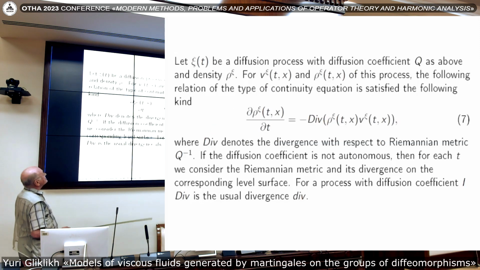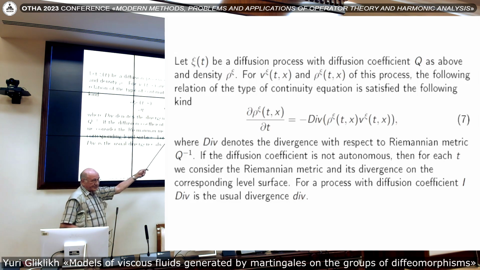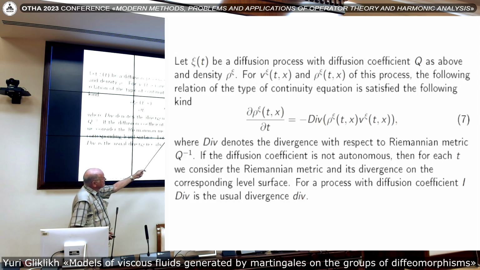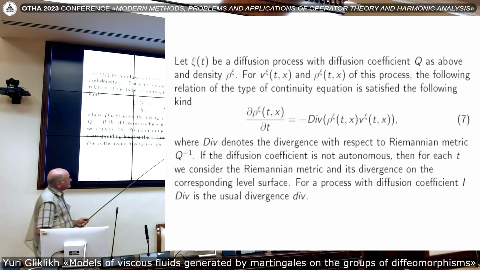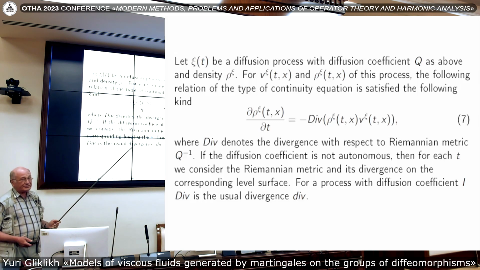And then this density with the current velocity satisfies this equation. We see its divergence with respect to that new Riemannian metric. It looks very close to the equation of continuity.